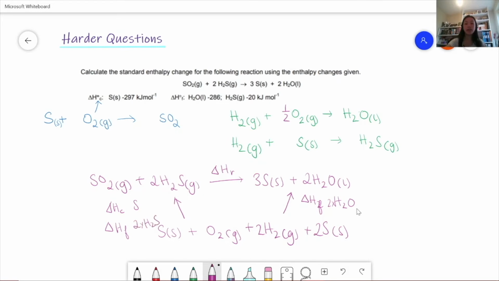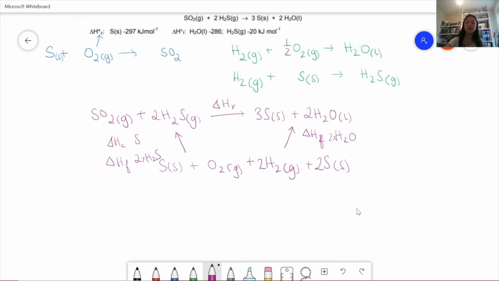And now we can work out what we know and what we don't know. So the delta H of combustion of sulfur we know is minus 297. So we can work this out as minus 297, and then you plus 2 times the formation of H2S, which is minus 20.